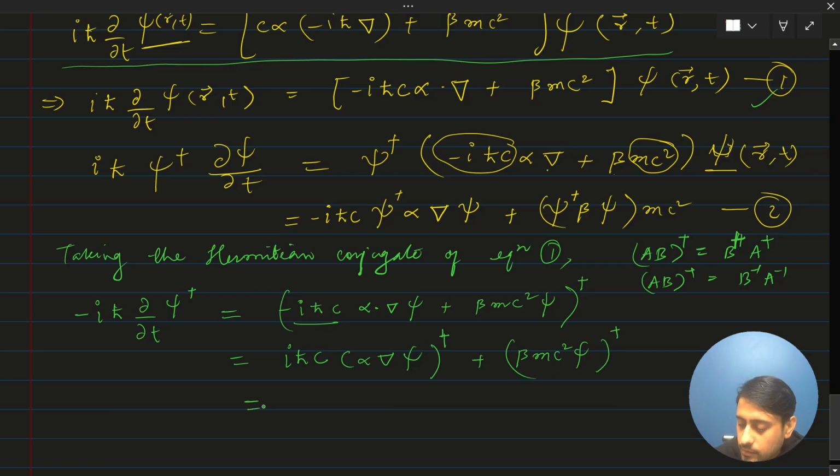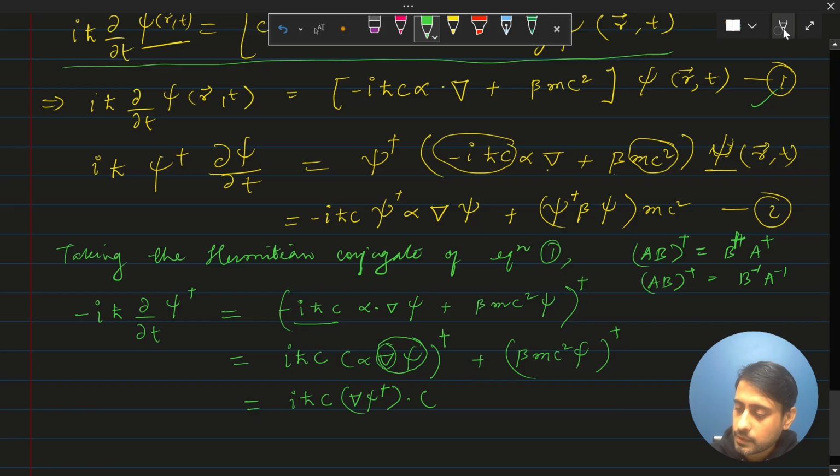So we will write this as i h bar c, and this is basically the operator, so conjugate will basically replace the whole thing. Take this as one entity. We will write it as del psi dagger, multiplied by alpha, not this.